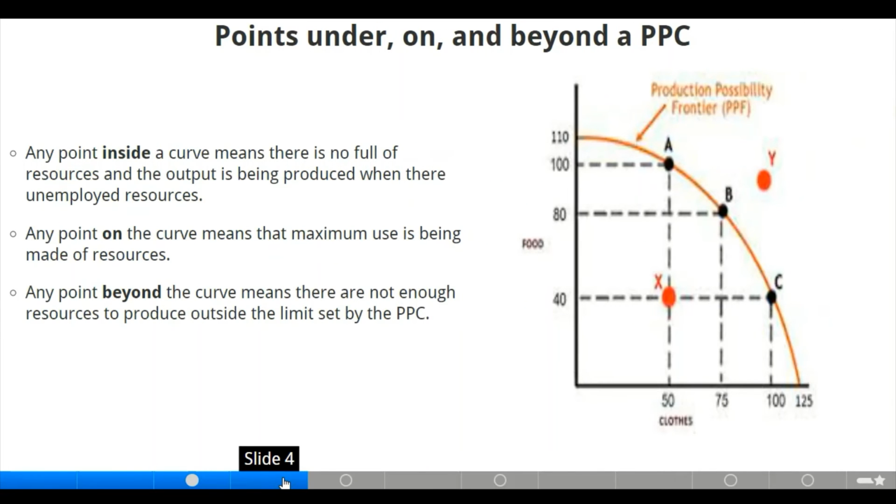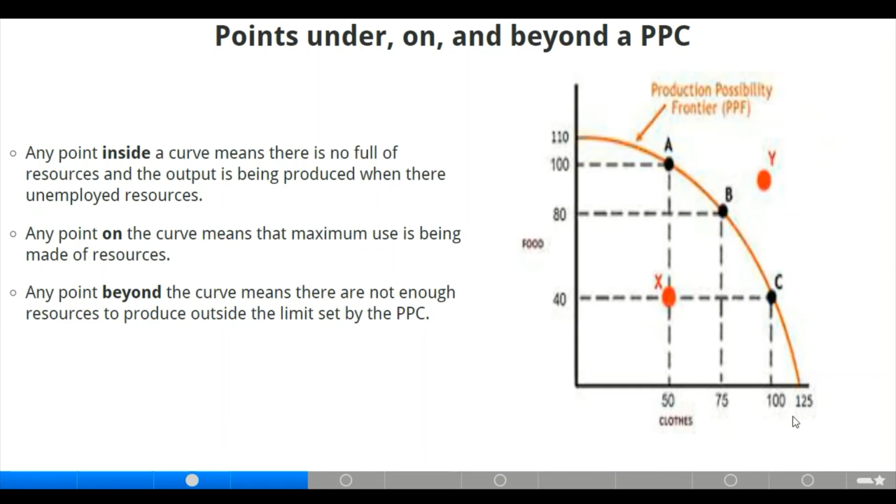Here we have points under, on, and beyond a production possibility curve (PPC). Any point inside the curve means there are no full resources and output is being produced when there are unemployed resources.